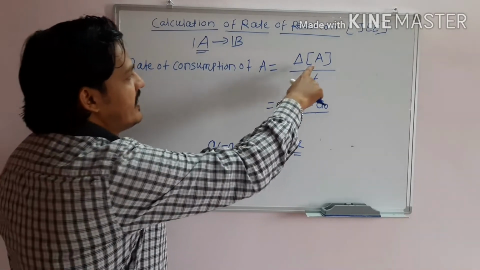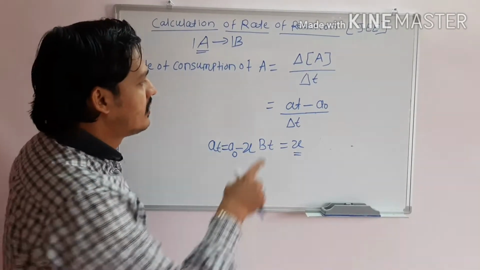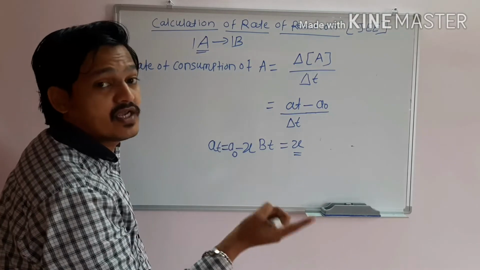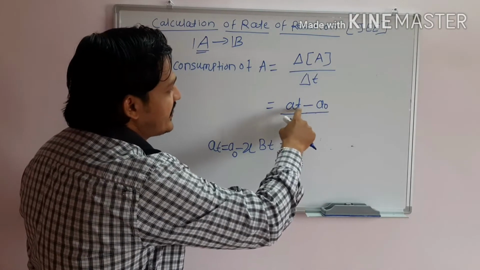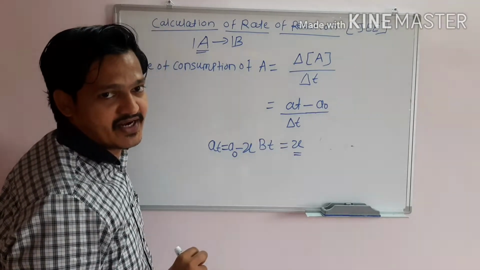Like that, in bracket A, express A2 minus A1, final minus initial. What is the final value? At. What is the initial value? A0. So At minus A0 divided by delta T.